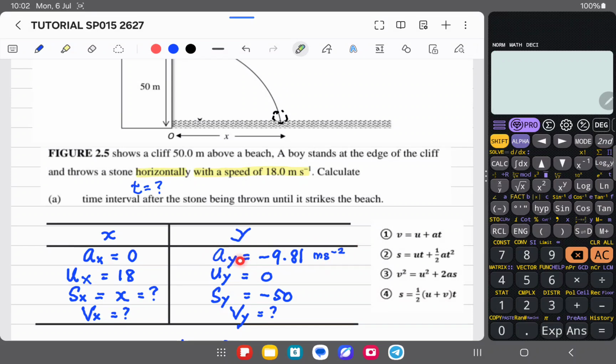gravitational pull. Okay, sepanjang paksi y secara vertikal kita rasa tarikan gravity, so stone ni akan mengalami acceleration negative 9.81.